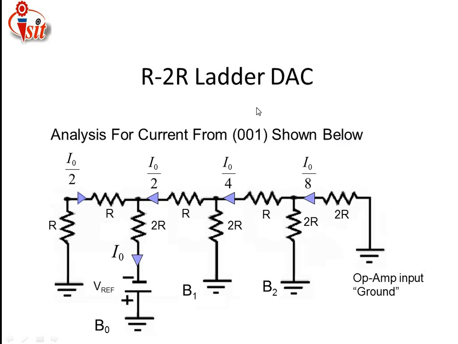For that 001 input, the current passing through 2R is I0 divided by 8, the current passing through R is I0 by 4, and again through R it is I0 by 2. Then again it is I0 by 2, I0 by 2, I0 by 2, I0 by 4 and I0 by 8. It is related to the R-2R ladder output. Then the op-amp input is connected to ground and the reference voltage is connected across the 2R in series.